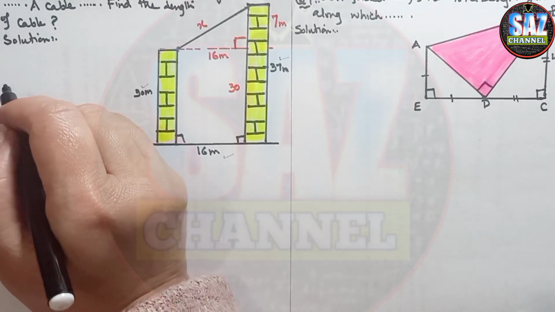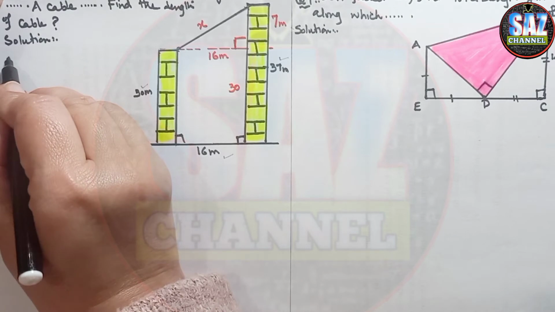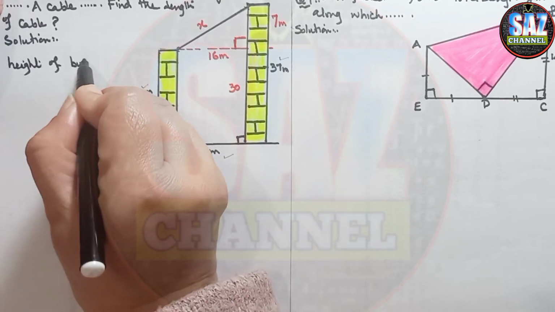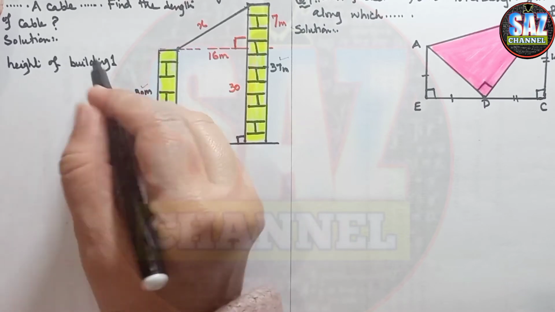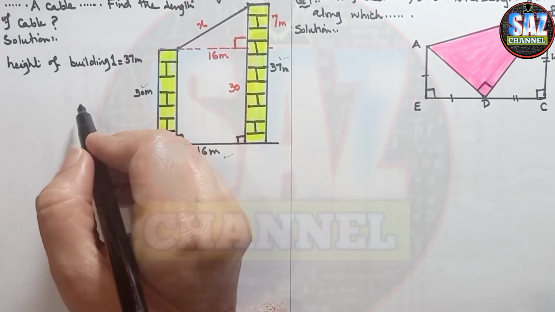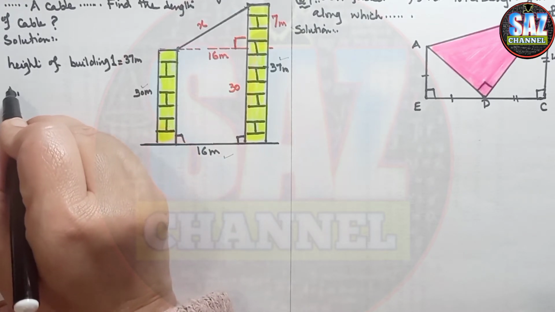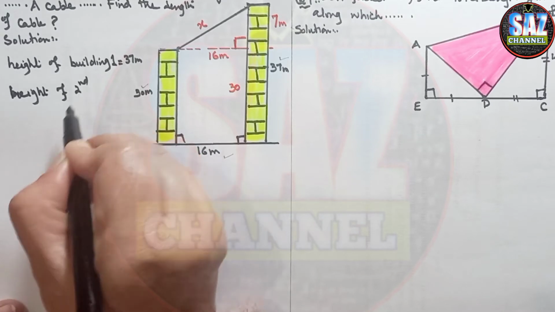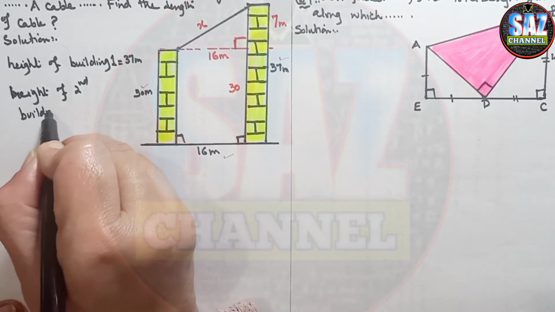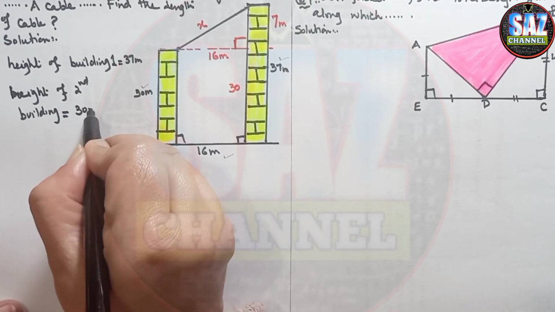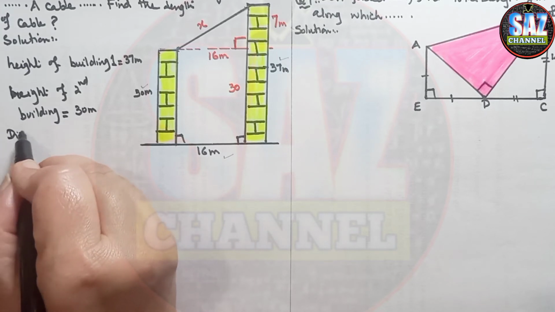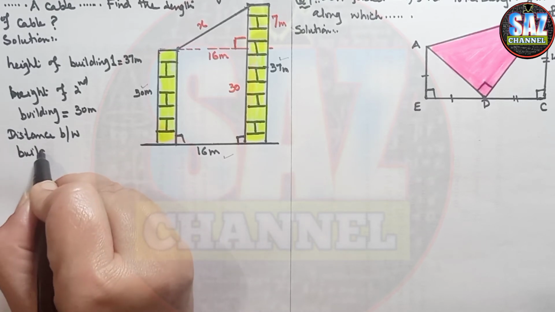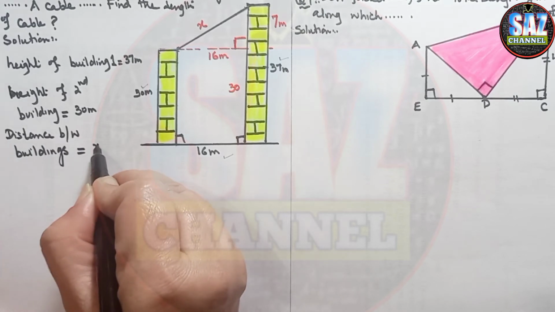Okay, height of building 1 is suppose that is 37 meters, and height of second building equals to 30 meters, and distance between two buildings which is equal to x meters.